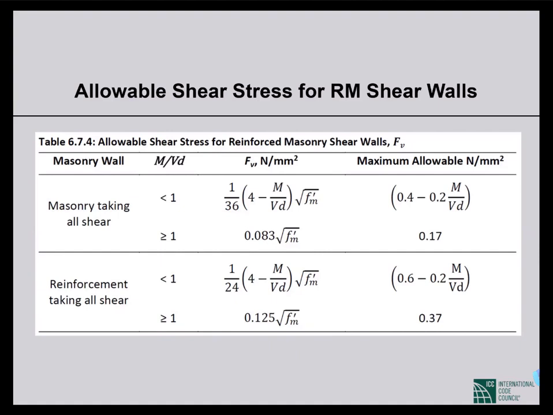So M by VD. Now, if M by VD is less, then we have a different formula. If the contribution of the moment is large, then we have some fixed values depending on Fm prime as allowable shear stresses.